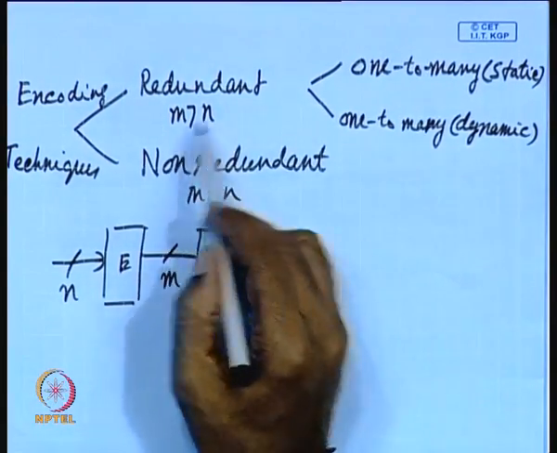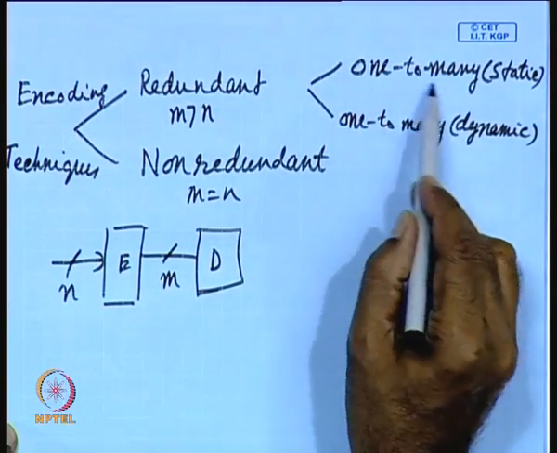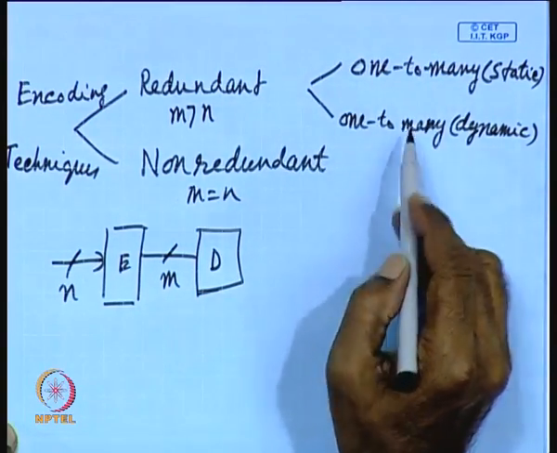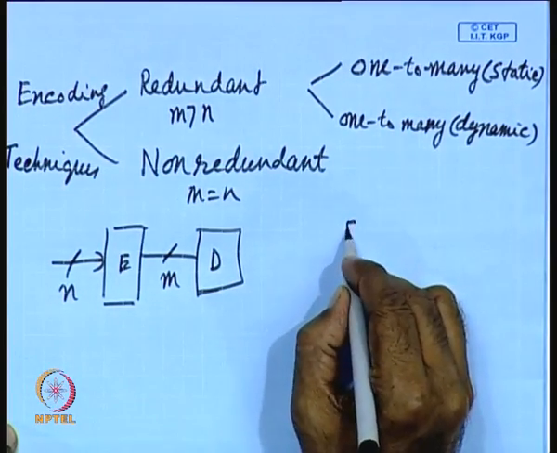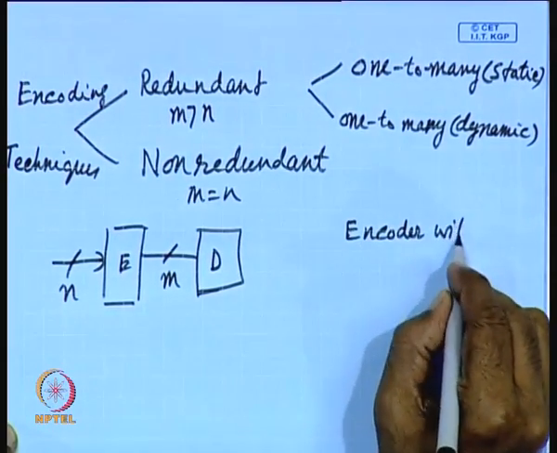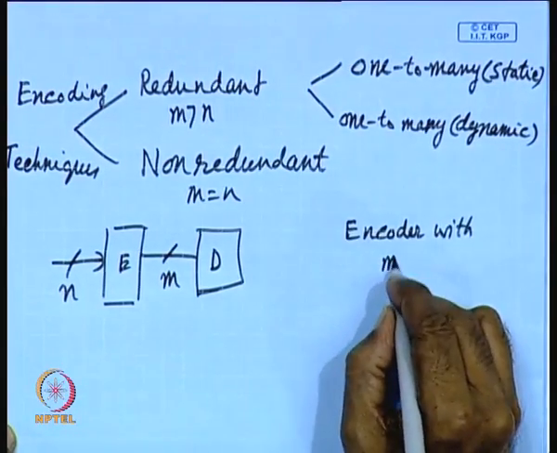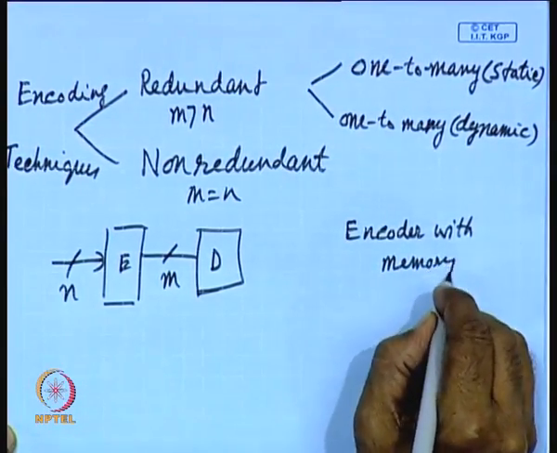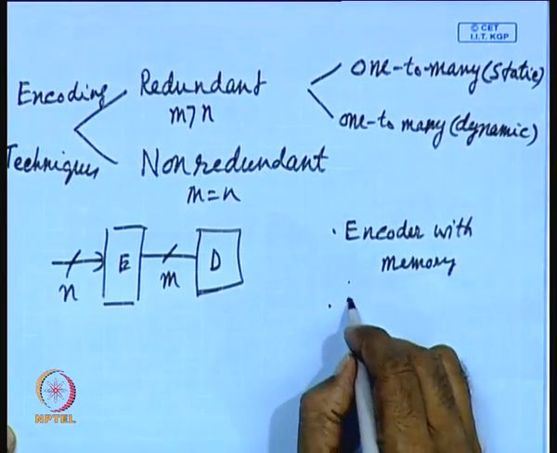So, when more additional bits are used, it is a redundant technique, and there you can have two possibilities. In the first case, you have encoder and decoder, encoder with memory, and decoder memoryless.